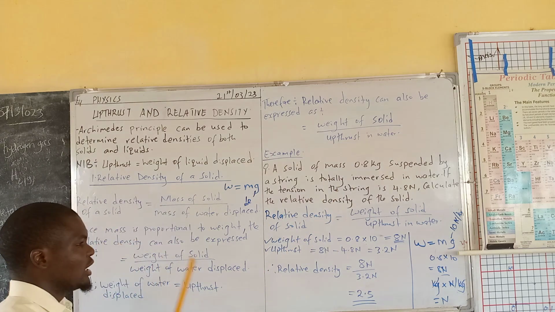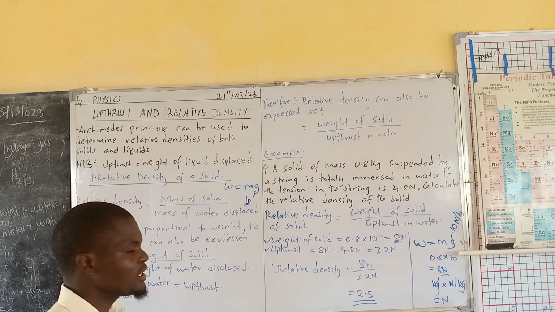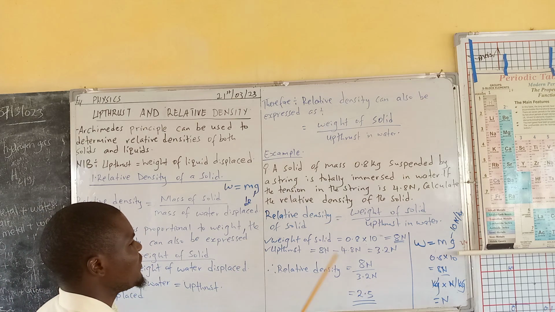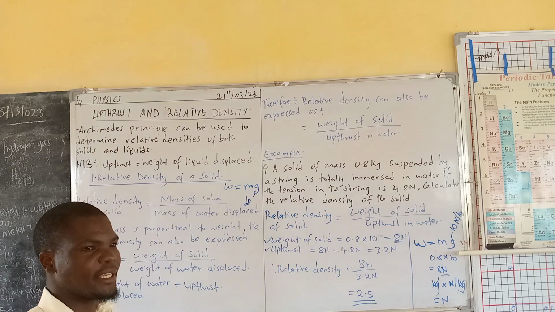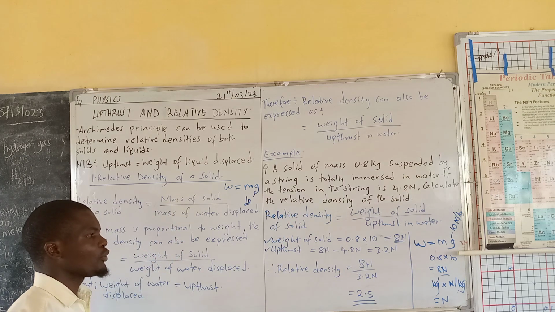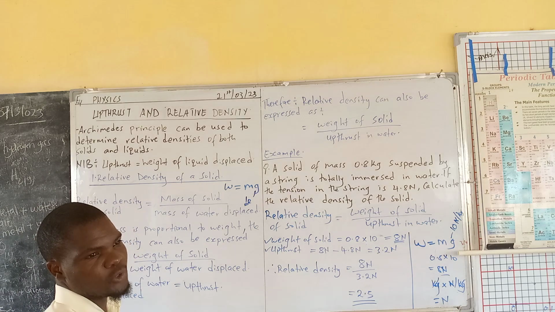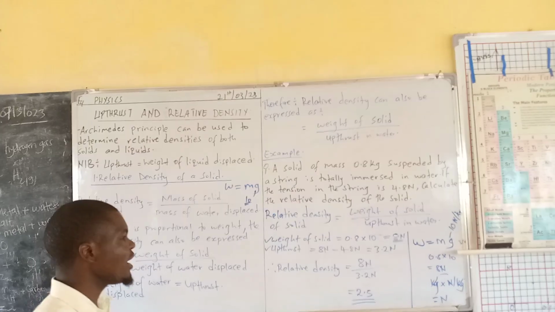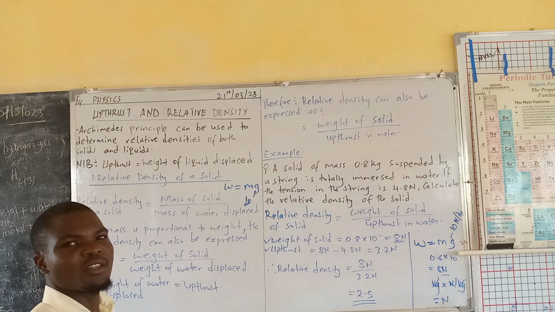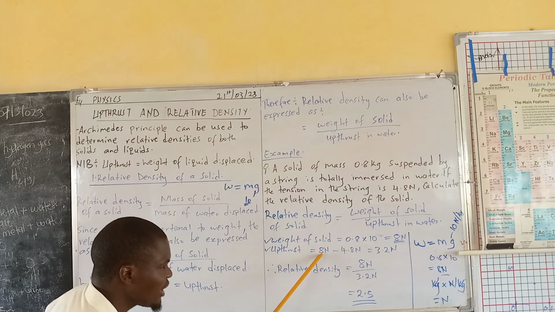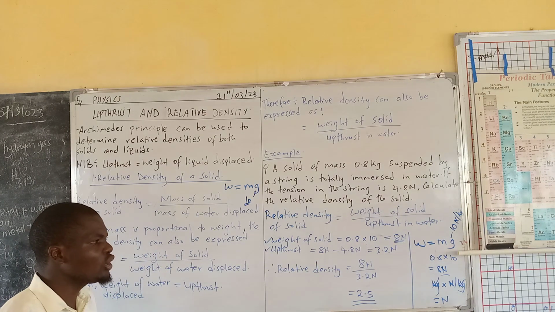We are taking this as the apparent weight of our solid. So how do we find upthrust? When we have the real weight of the solid in air and the apparent weight, this is how you find upthrust. Take the weight of the solid in air, which is the real weight, with its value as 8 Newton.